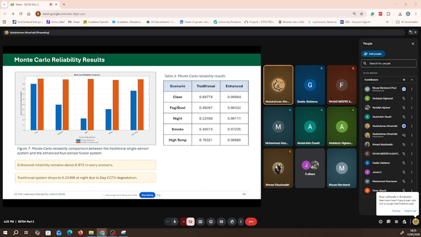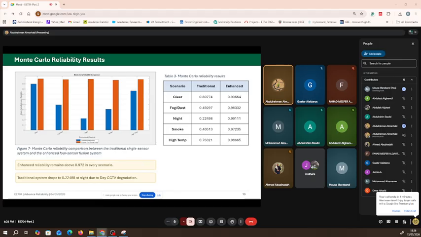The most important result is for the night scenario. The traditional system drops to 0.22 because the day camera is strongly degraded at night. However, the enhanced system remains at 0.99 because the infrared sensor compensates for the weakness of the day camera.